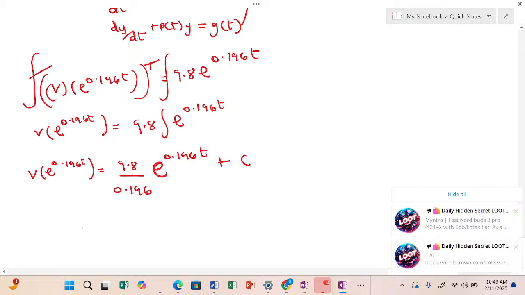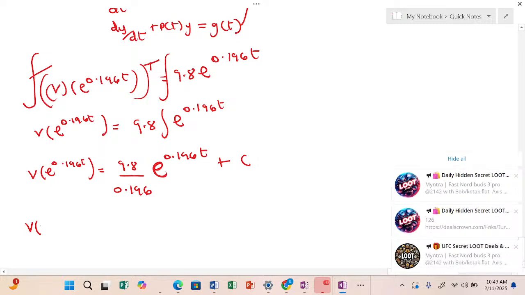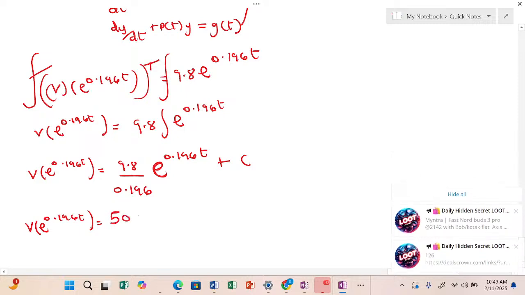Yeah, so this is what we get as our proceeding answer. Now we know that 9.8 over 0.196 should give us 50. We get 50 e to the power 0.196 t plus c. But then our aim is to solve for v.